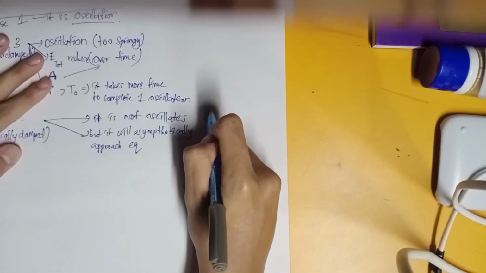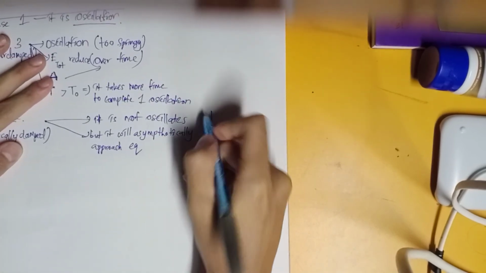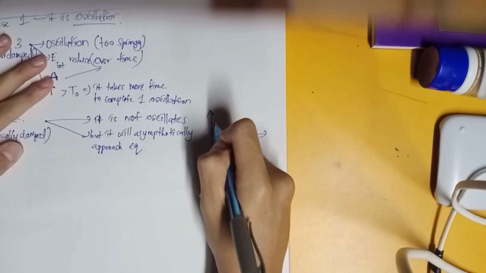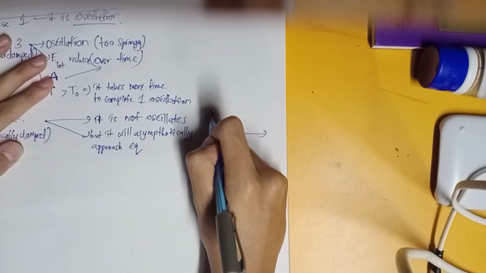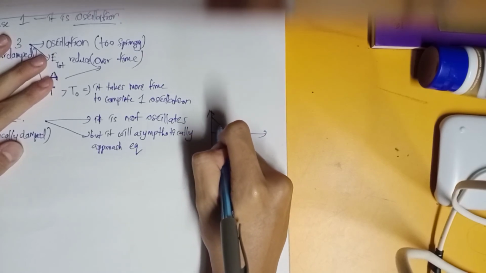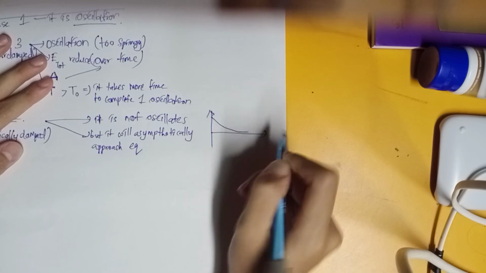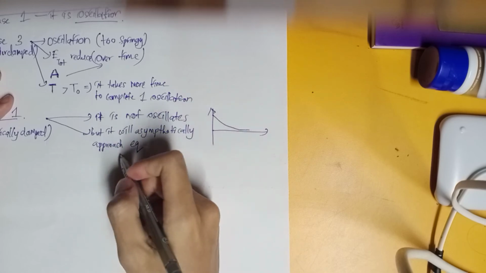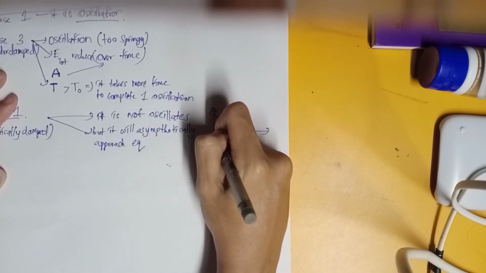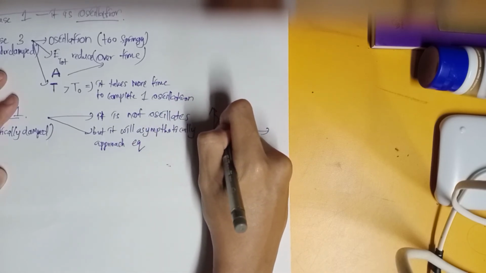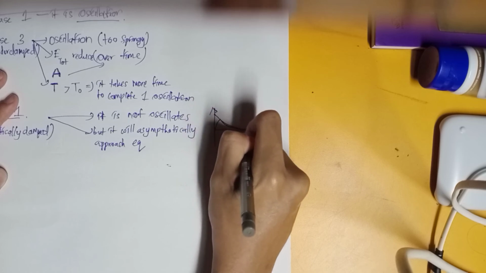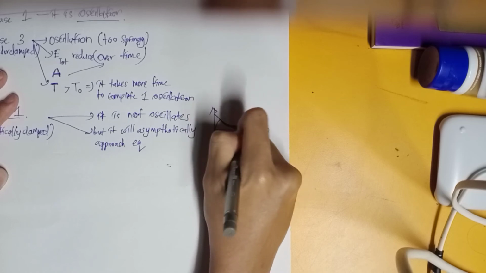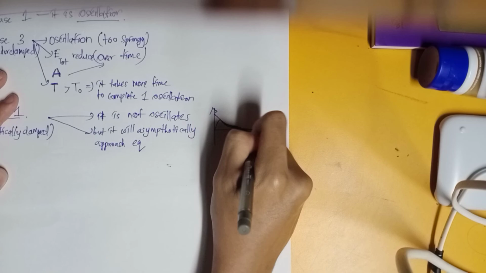We know that the graph is like this, right? This is the equilibrium here. So the graph will asymptotically approach equilibrium. At the maximum here, it suddenly reduces, and then it will asymptotically approach equilibrium.